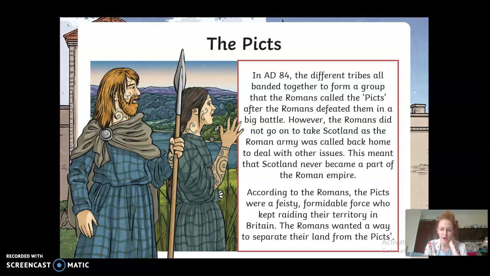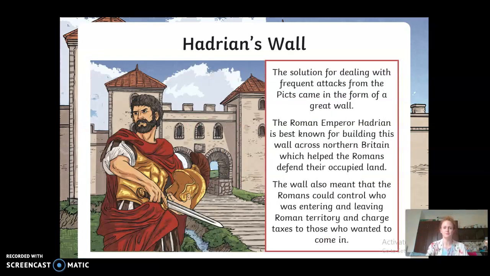That means they were a very scary force. They were really good fighters, and people were afraid of them. And the Picts kept fighting the Romans. So the Romans really wanted to separate their land from the Picts and the rest of Scotland.